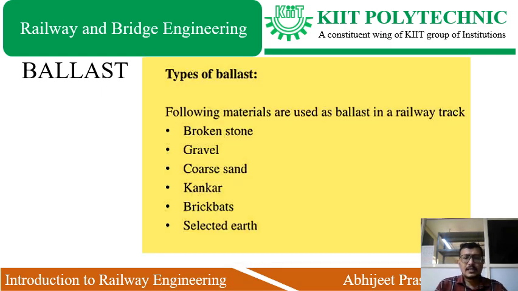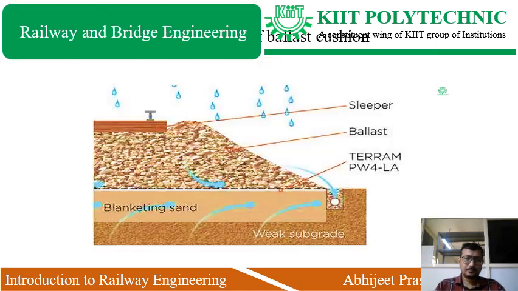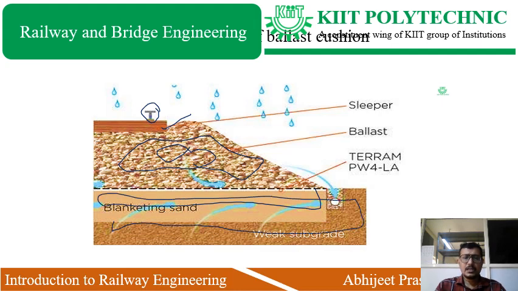Types of ballast are broken stone, gravel, coarse sand, concrete, brick bats, selected earth. You can see this figure. This is your ballast area. These are the ballast on which the sleeper is there and the rail is there. And the ballast is on the subgrade.